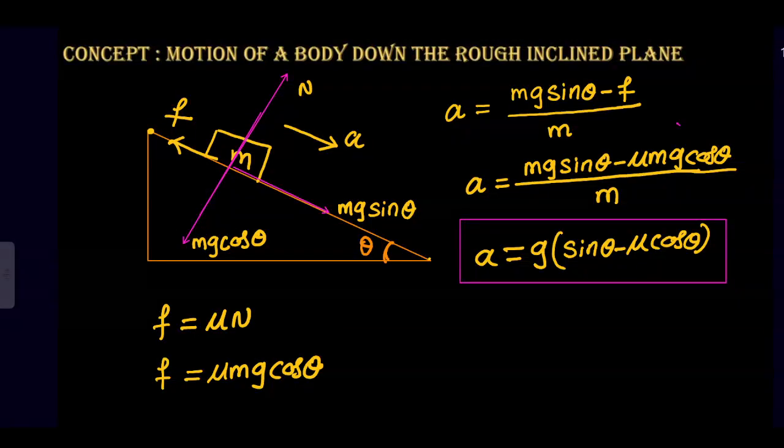Velocity will be some value. I want to find the velocity with which it reaches the bottom of the inclined plane. So at point A, velocity is 0. When it reaches point B, it has some velocity. That velocity I need to find out. Okay, let's find out. So the distance traveled by the body before reaching the bottom of the inclined plane, and then the velocity we need to get.